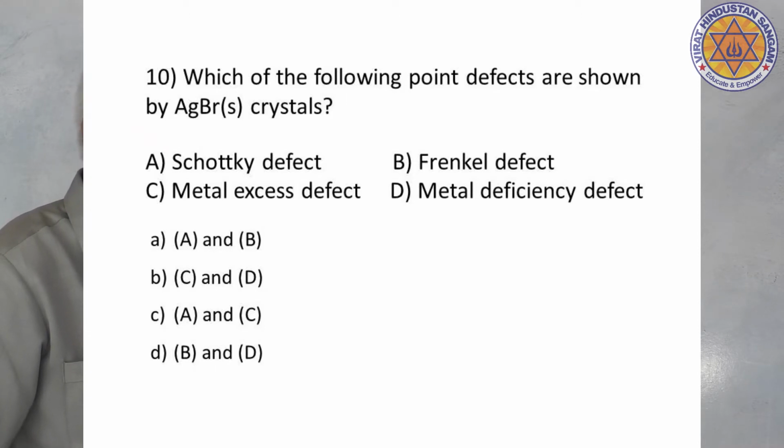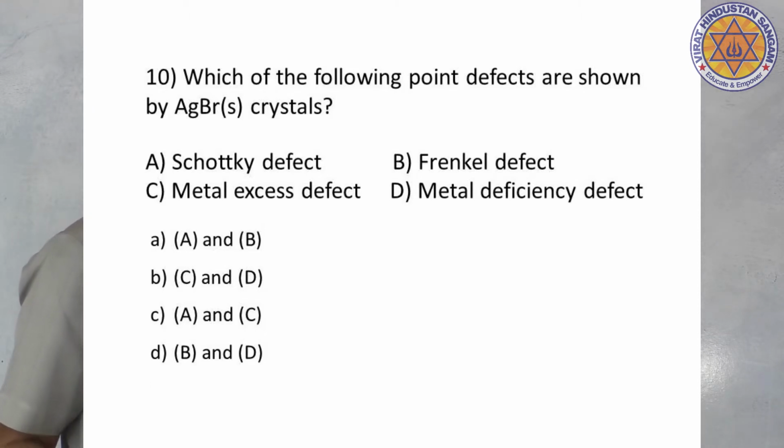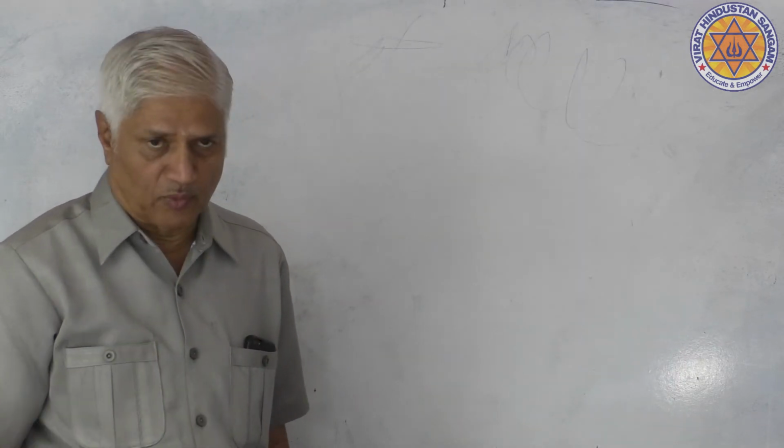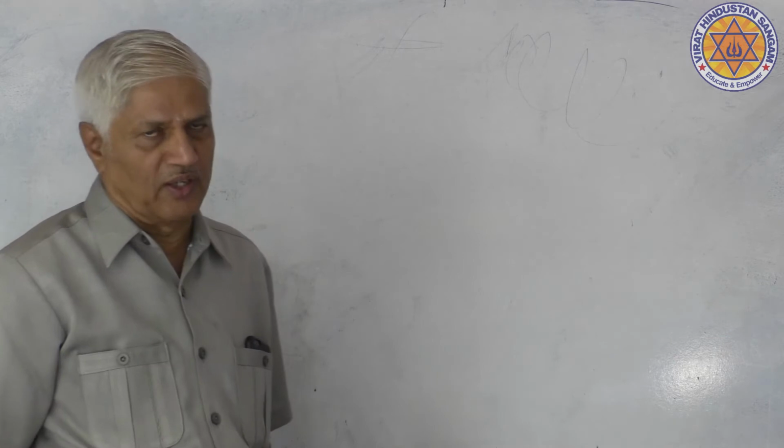Schottky defect, Frenkel defect, metal excess defect, metal deficiency defect. Look, by reading the very question, you can make out, ionic crystals, again I am going back to the theory portion.